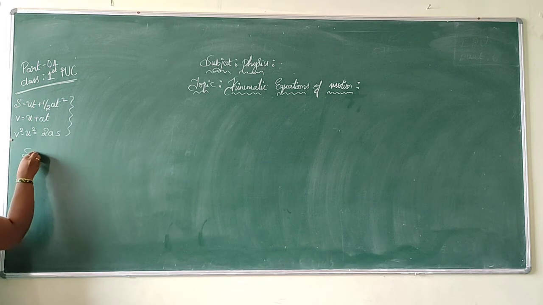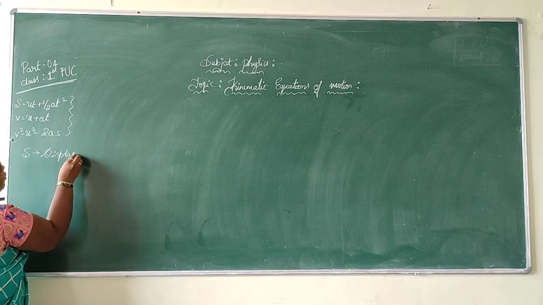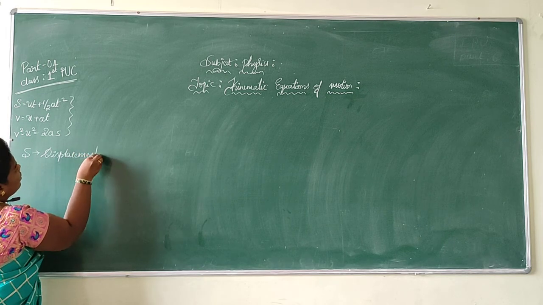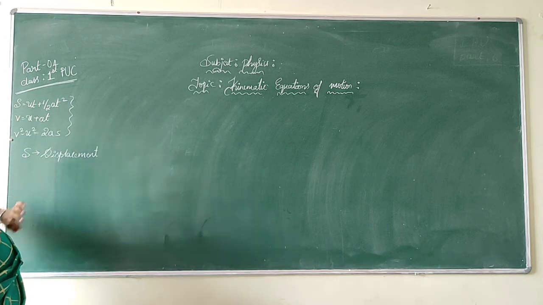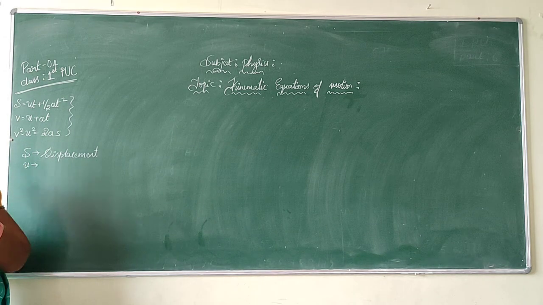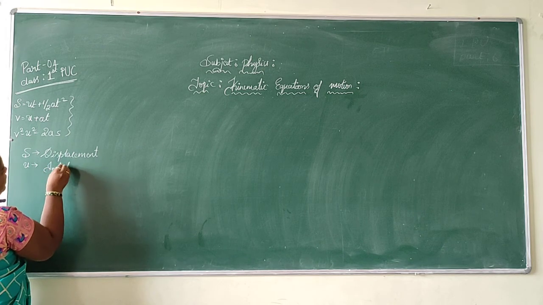S is the displacement covered by the object when it is moving from one point to another point. U is the initial velocity.